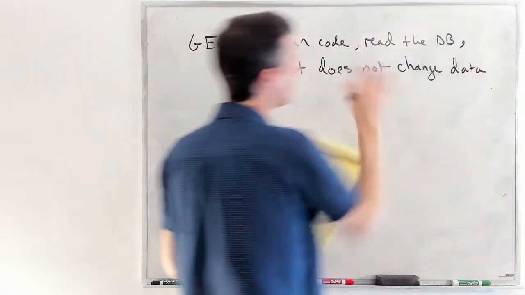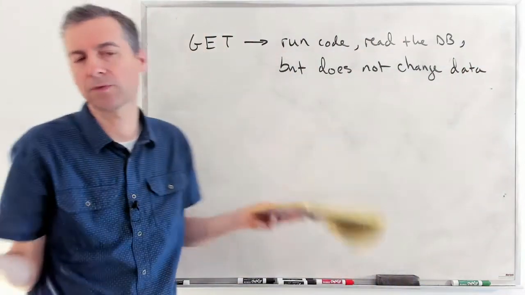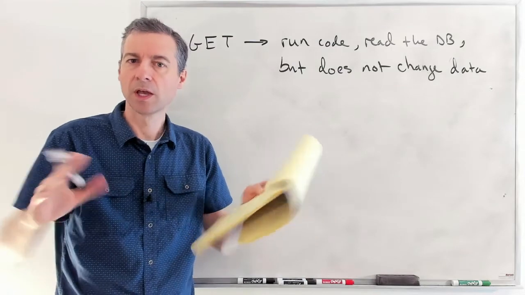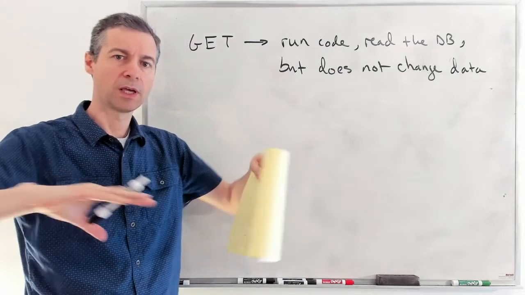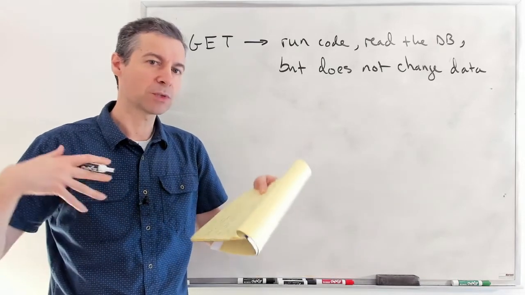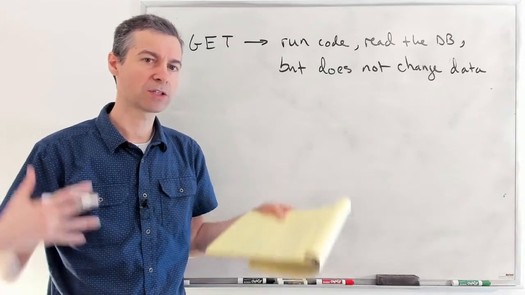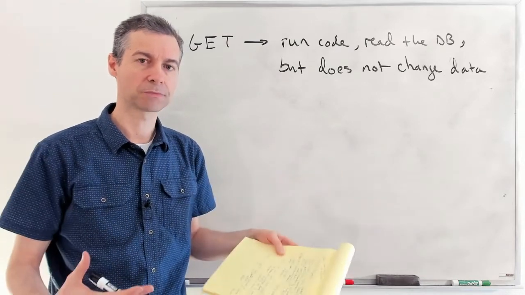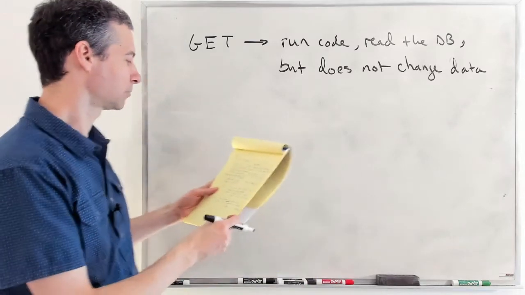So we can run code, we can read from the database, all those sorts of things, but it always is basically a read operation or some computation, such that we don't change the system.